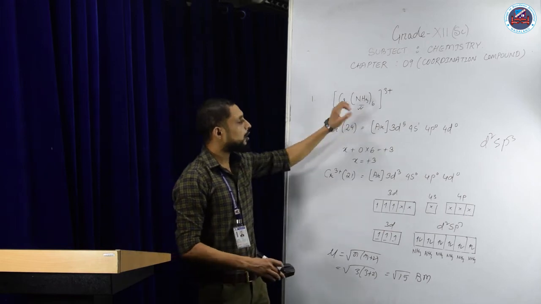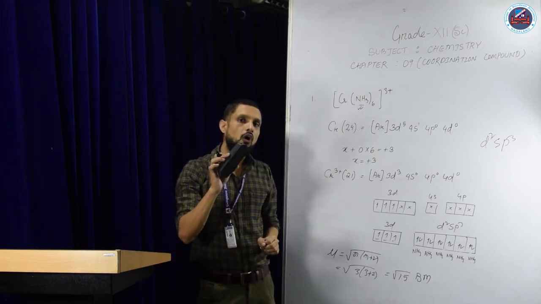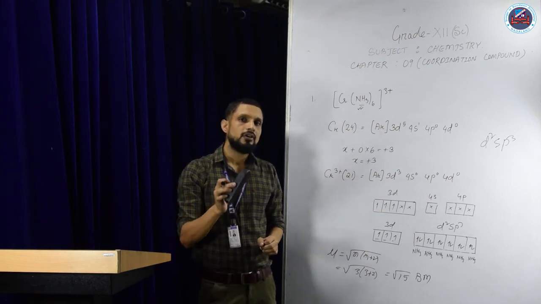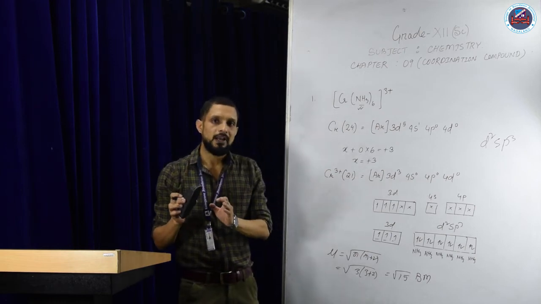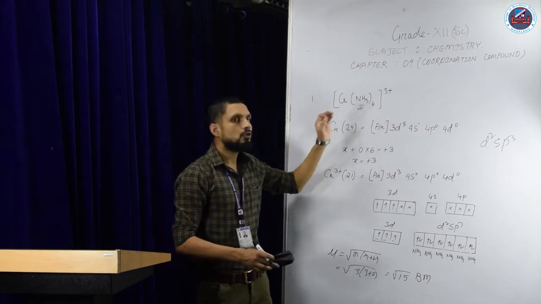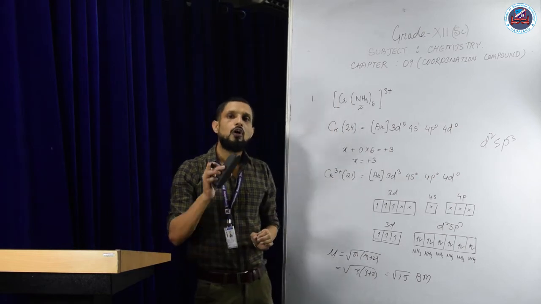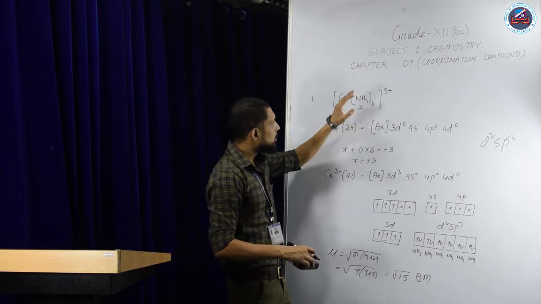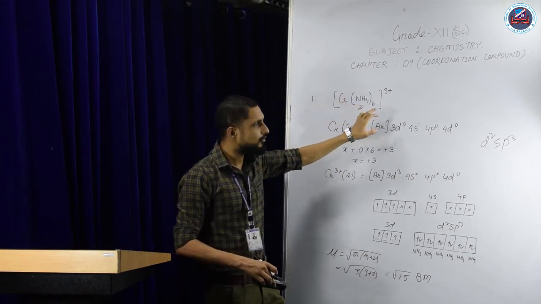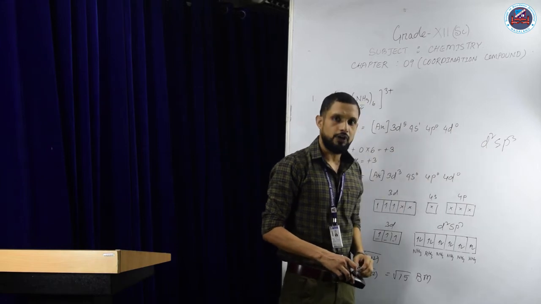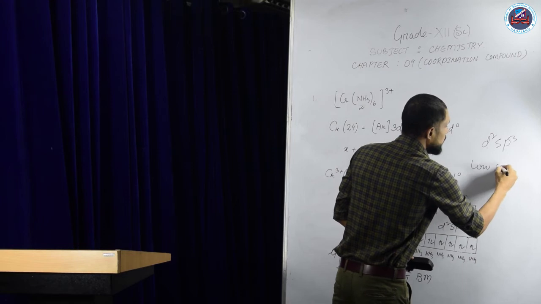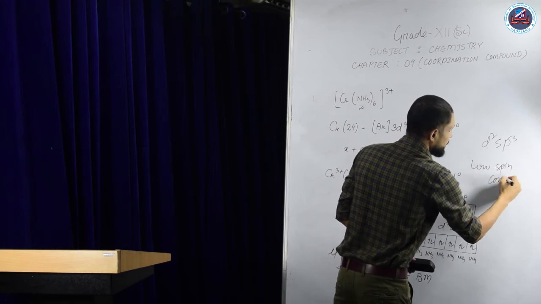Now, for compounds with coordination number 6, you will also be asked the nature of the complex, that is, whether it's a low spin complex or a high spin complex. In case the compound uses d2sp3, it is a low spin complex.